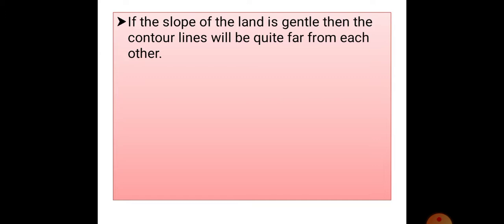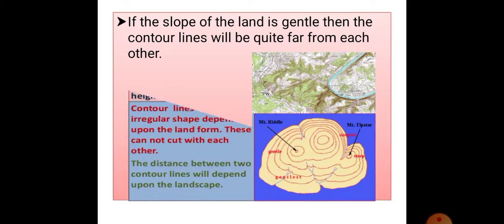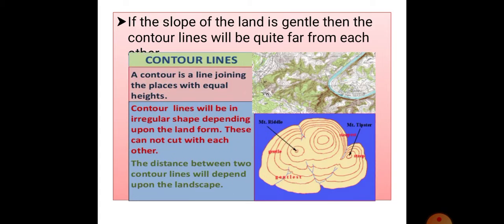If the land is sloping, then what happens? The contour lines will be far from each other. Do you see this? How it works. None of the lines are broken, yes?